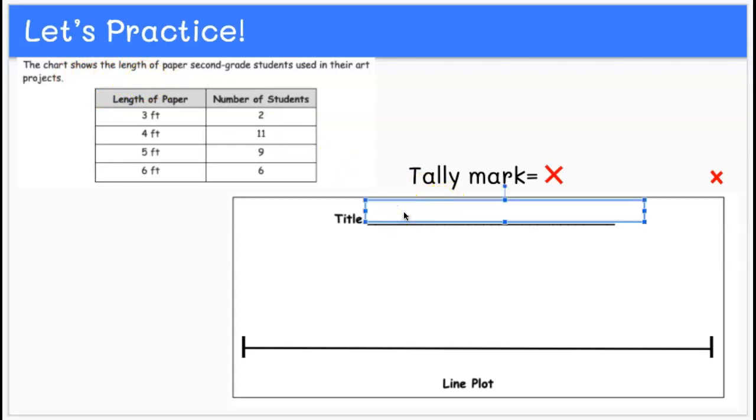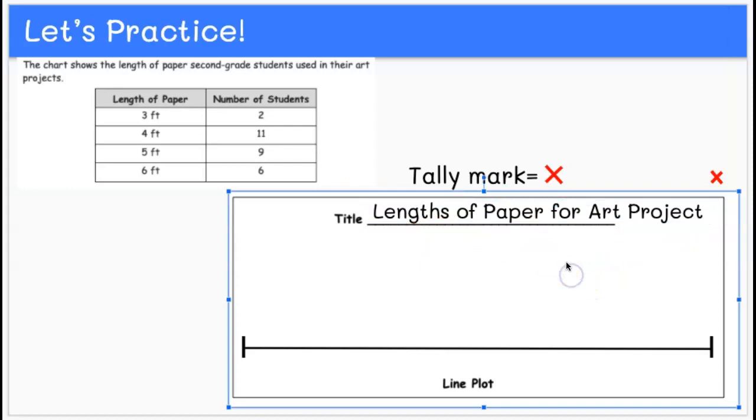So I'm thinking that my title can say, lengths of paper for art project. I'm just going to make this a little bit bigger. All right, so lengths of paper for art project is the title of my graph because I know that's the information I am graphing today.